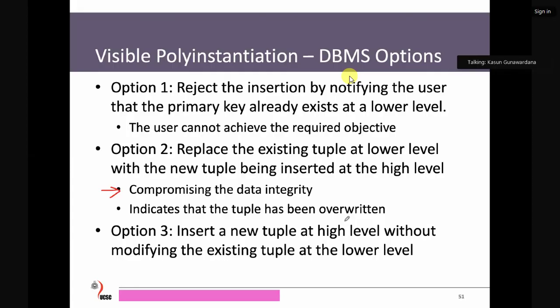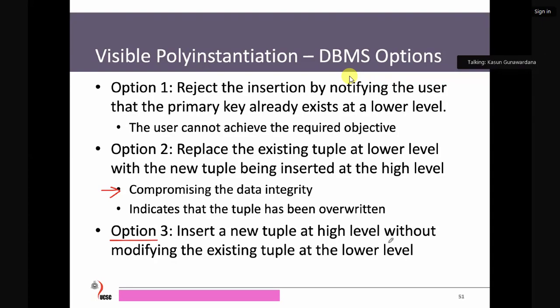When the lower level user comes back and looks at the data which was earlier at the lower level, it is now not available, so the user knows somebody has made a modification and the tuple is now at a higher sensitivity level. So that is also not that good. The more feasible option is keeping multiple levels in multiple tuples.